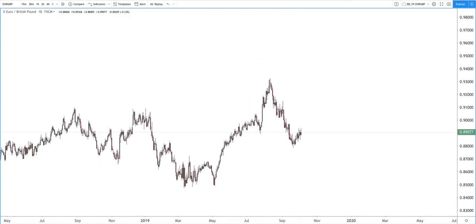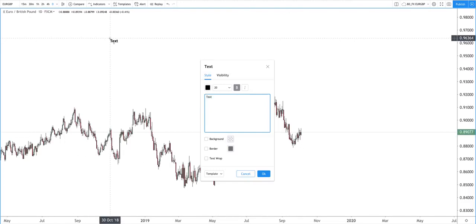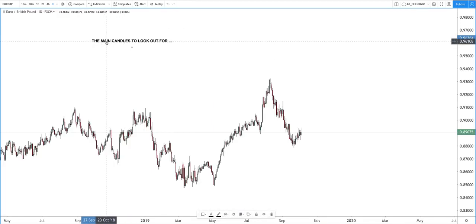Weekly, daily is very strong. So let's just start off with the main candles to look out for. So these are the ones that we look at time and time again. So there is lots of different candlesticks, but these are the ones that we look out at the most.